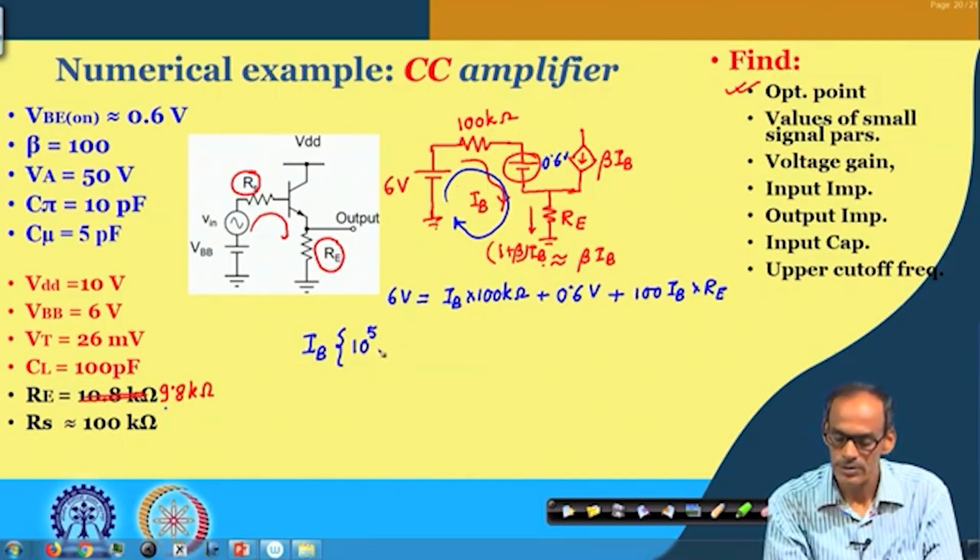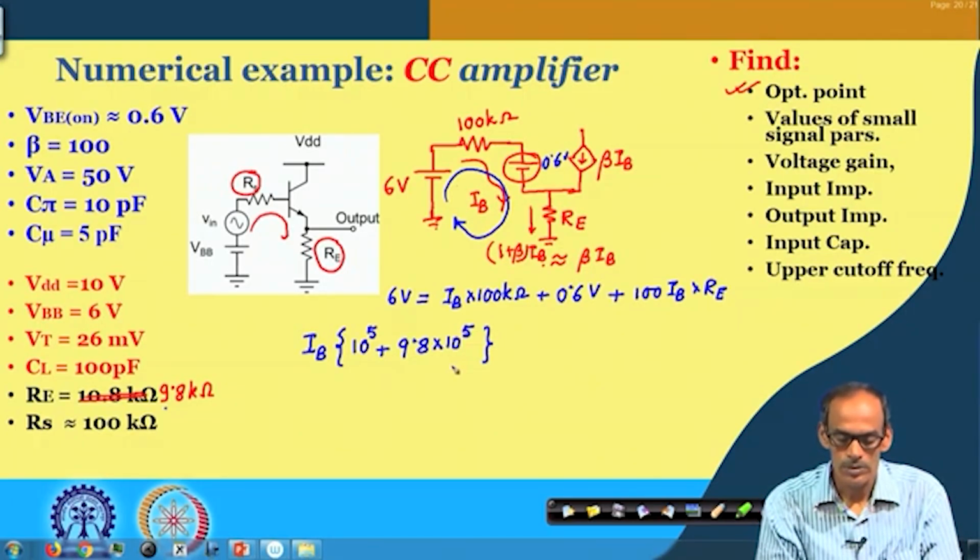So, what we are getting here is IB multiplied by 100K, that is 10 to the power 5, plus 9.8 into 10 to the power 5, equals 5.4 volt.